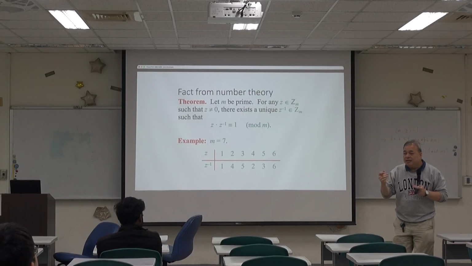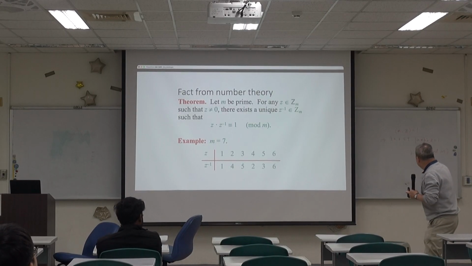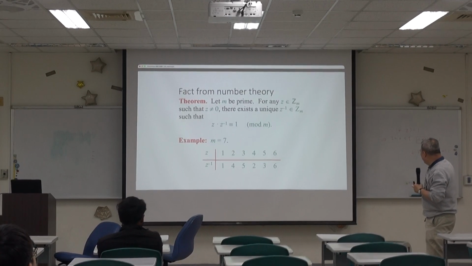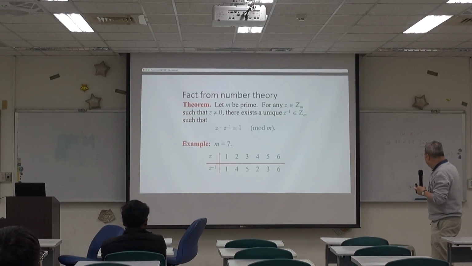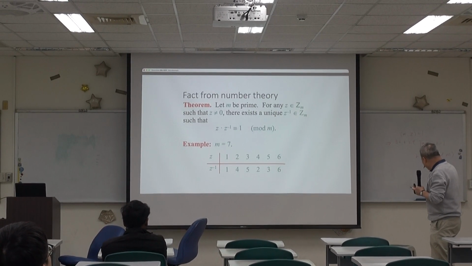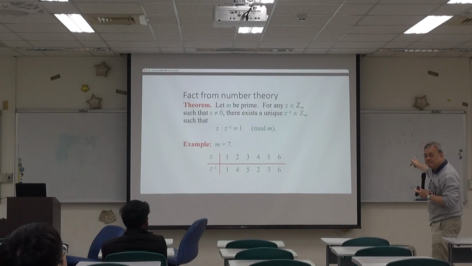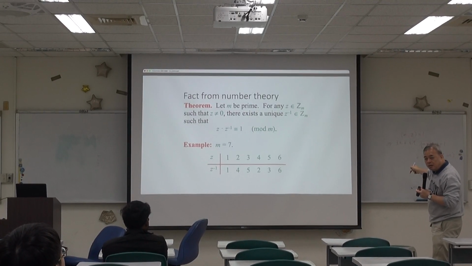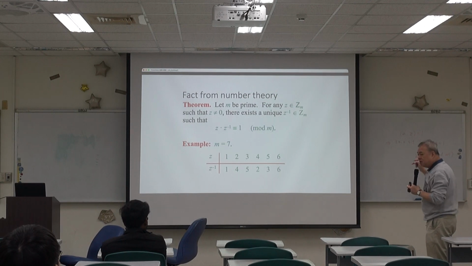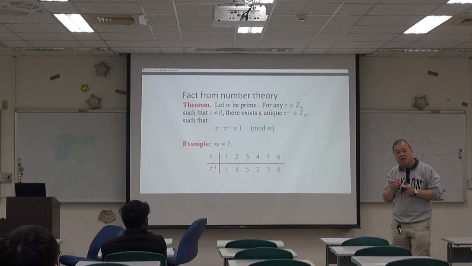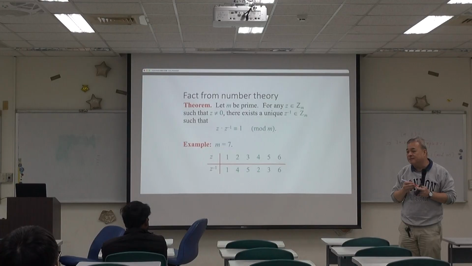What does that mean? That means for any integer that is relatively prime to n, there's an inverse, which is actually that b. That b is the inverse, so the inverse exists.